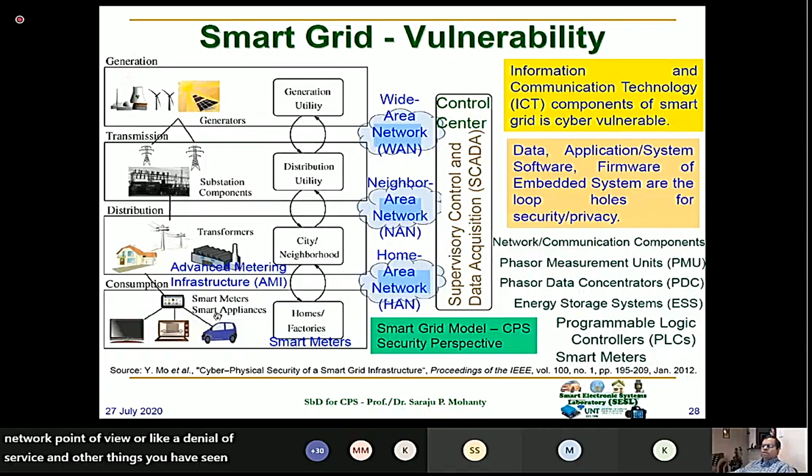But the hacker needs to find a door somewhere, and any embedded system and any software can be a lead for the hacker to get into the system and create problems. So these are serious problems that we are looking at as a solution. These are part of energy CPS.